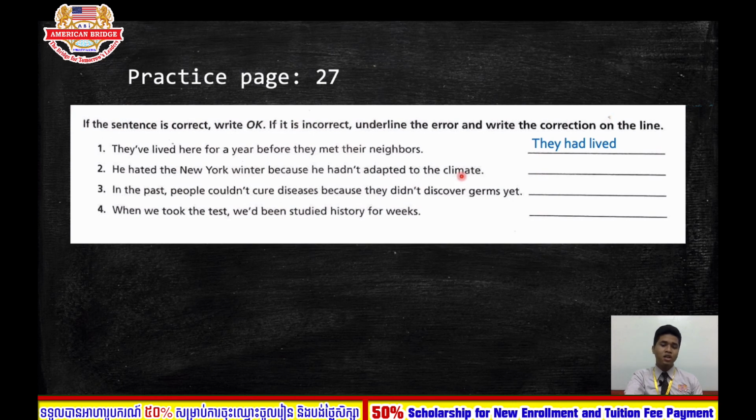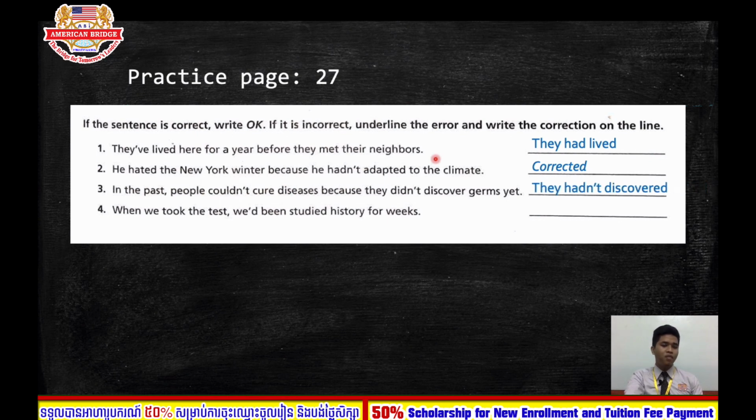Okay, this one is the correct one. Number three, in the past, people couldn't cure disease because they didn't discover germs yet. So what is the problem with this one? We don't use the word didn't because it happened before the word couldn't. So here we use past perfect simple.